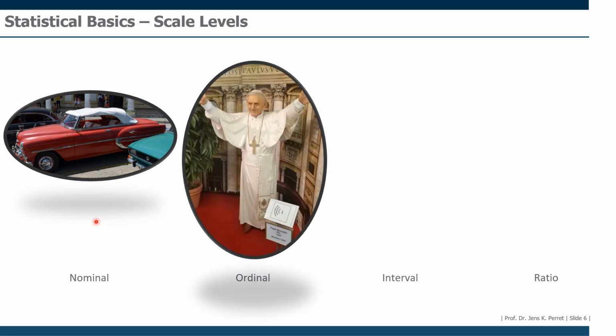Then we have ordinal data. I have an order, for example, church or military hierarchies. I know who's the superior of whom, but I not necessarily know something about the distance. So I cannot say that, well, the distance between the Pope and a cardinal is twice the distance between a normal priest and, I don't know, a bishop.